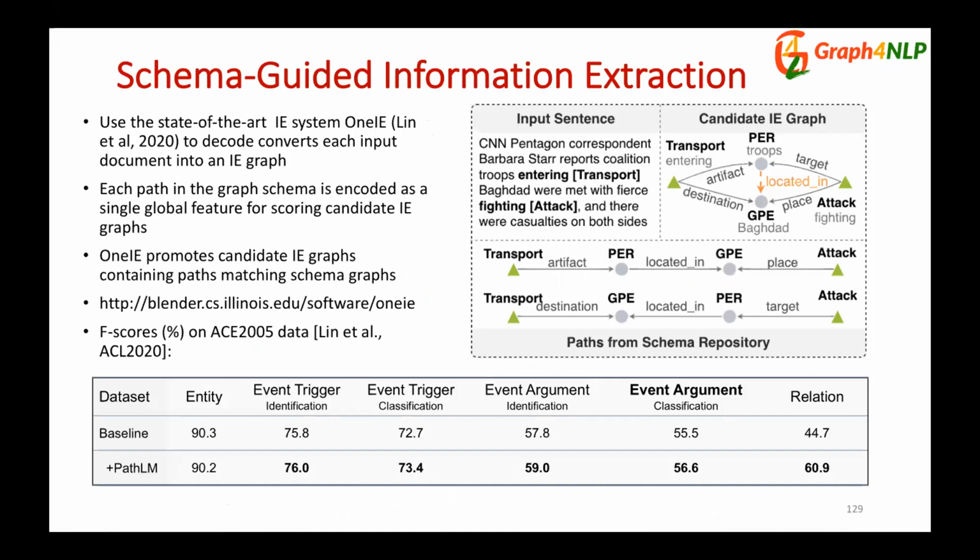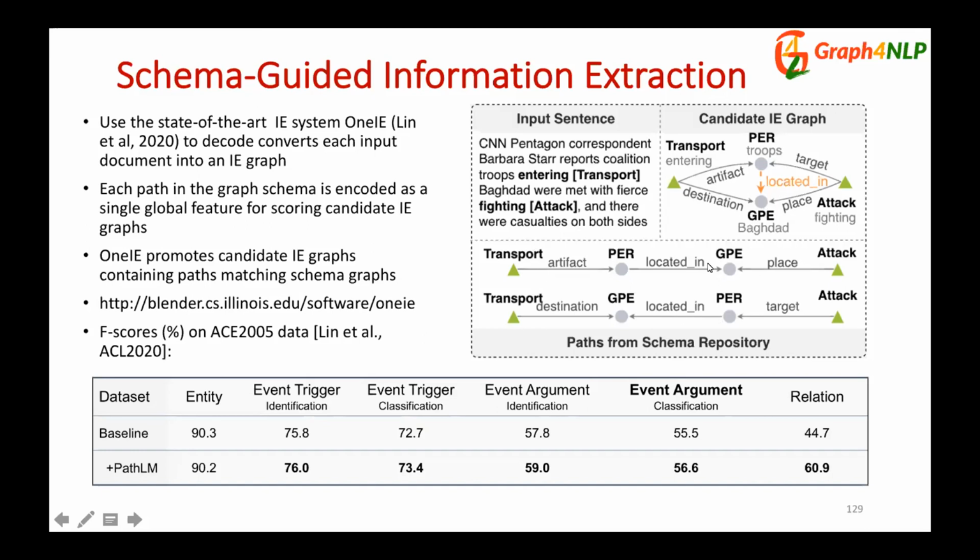And then we can translate the top ranked paths into some global features. For example, here in the original sentence, there's an entity and another destination. This entity is reached by this movement event, but the input sentence lacks the context to tell us the located-in relation.